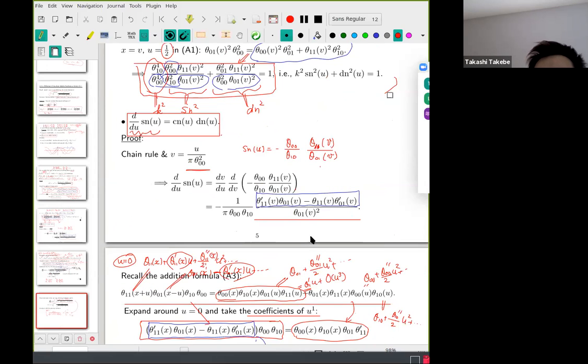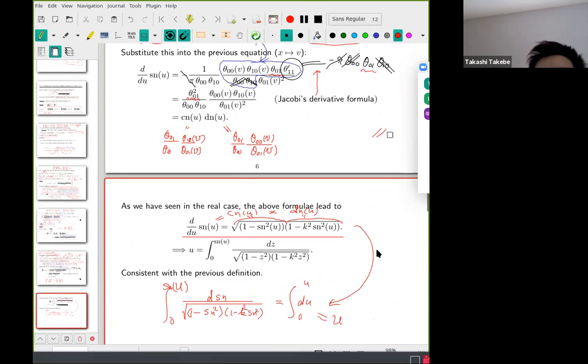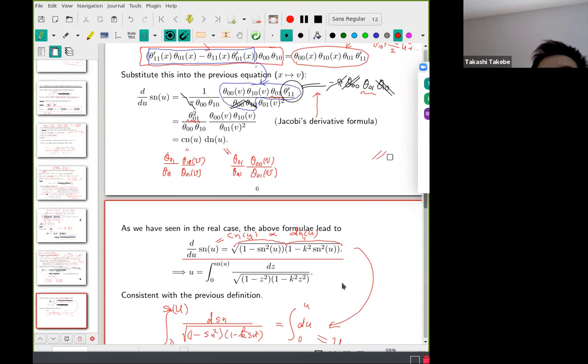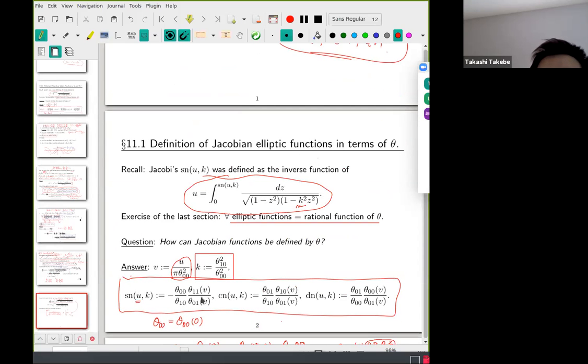So that's the proof that Sn defined by this ratio of theta functions is an inverse function of the elliptic integral. Okay.